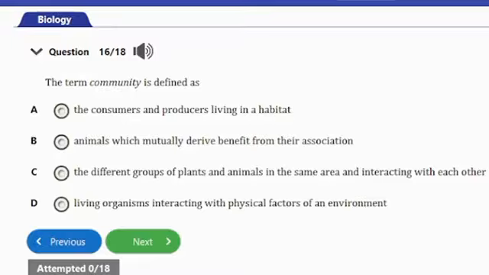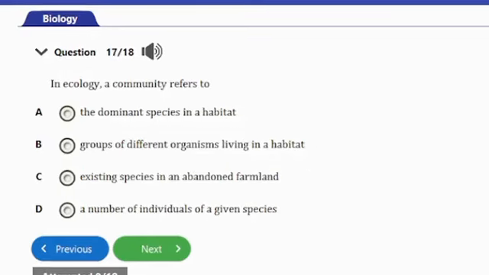So guys, the answer to this question here is option C. I think we've also answered this question before now. So that's option C here, the different groups of plants and animals in the same area and interacting with each other. So let's consider the next question.